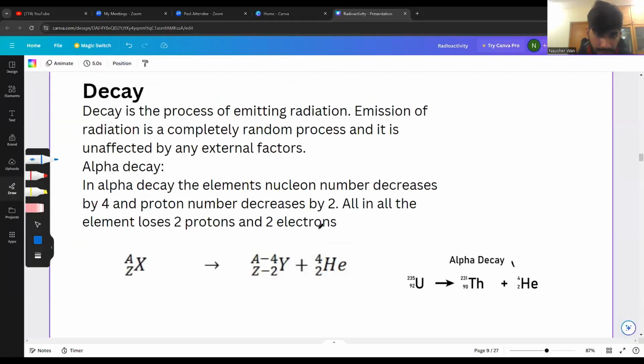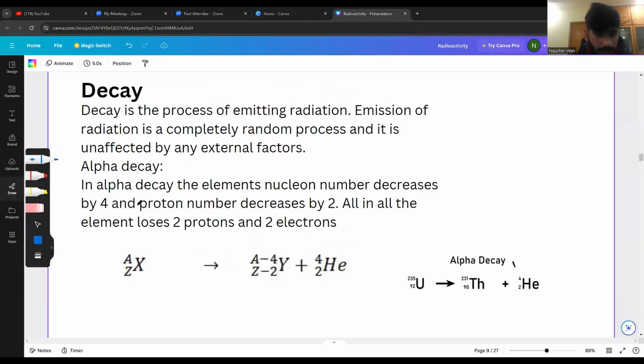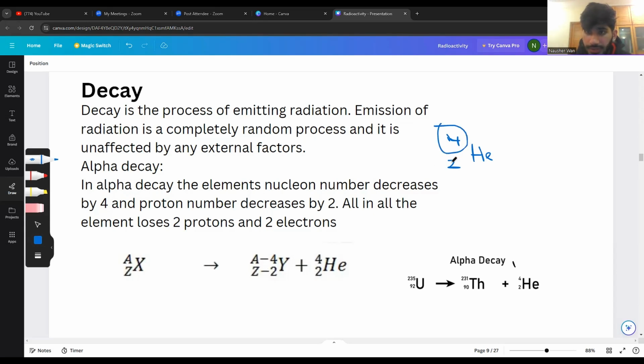Now, the reason that your proton number decreases by 2 and your nucleon number decreases by 4 is because let's look at the configuration of helium over here. Helium has 4 nucleon number and 2 proton number. Now, if this entire particle is leaving a nucleus, by that logic, it is going to lose 4 of this.